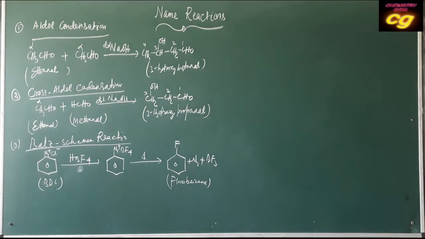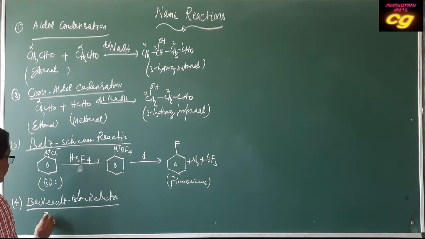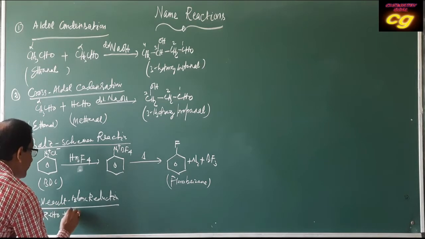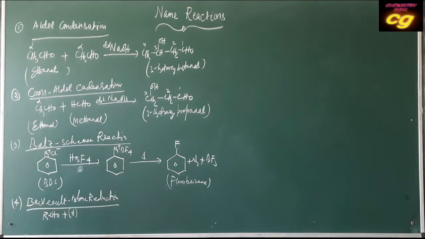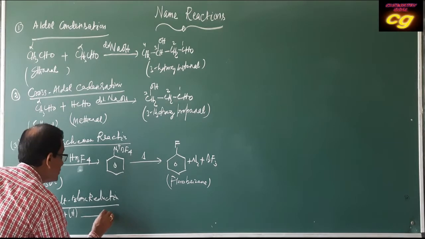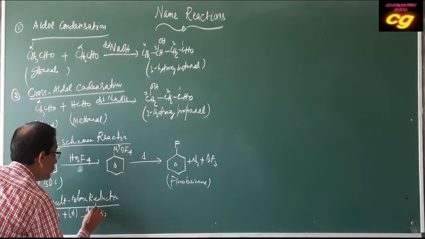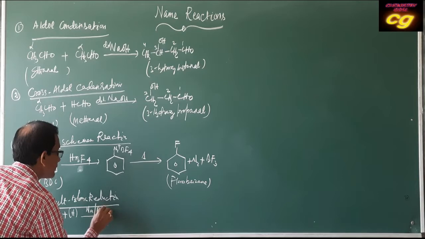Okay. Then number 4, Bouveault-Blanc reaction. What is that? The Bouveault-Blanc reaction is simply a reduction of any aldehyde or ketone. Any aldehyde is reduced by hydrogen, but not directly, indirectly, using sodium and alcohol, ROH.